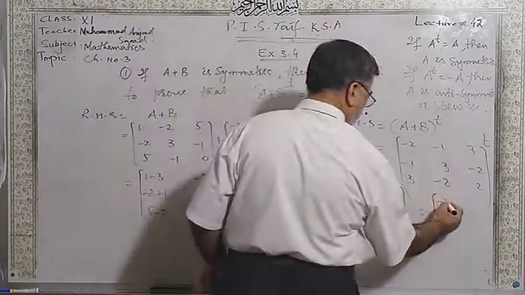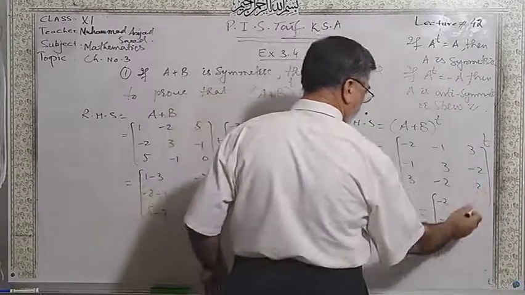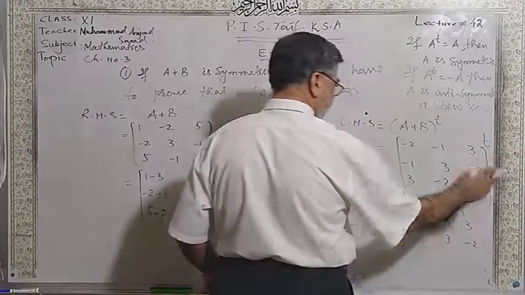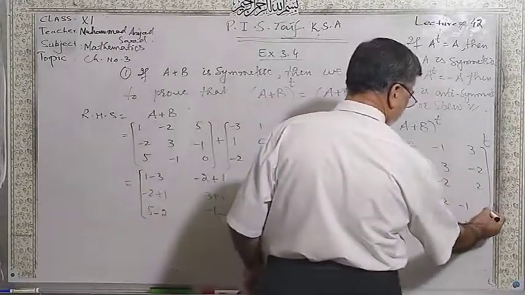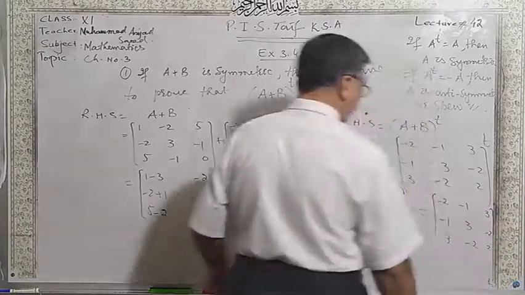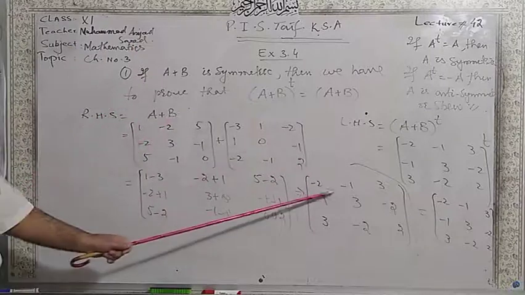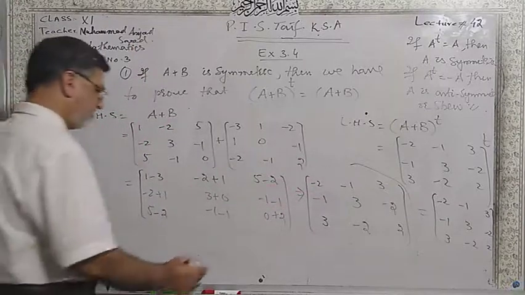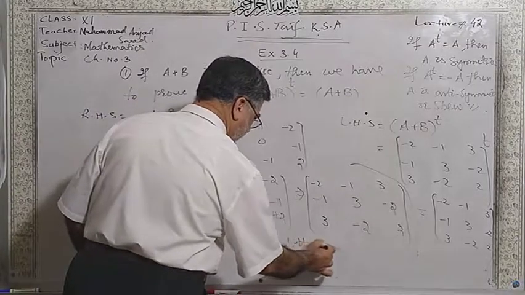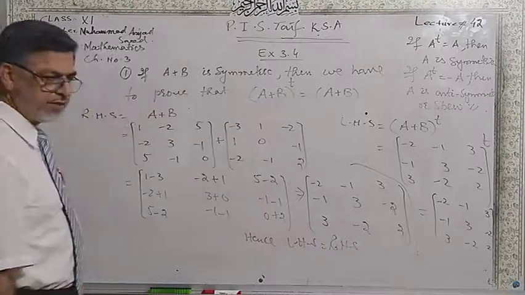First row becomes first column, second row becomes second column, and third row becomes third column. And you can check that this was your right hand side. Hence, left hand side is equal to right hand side. That's your answer.